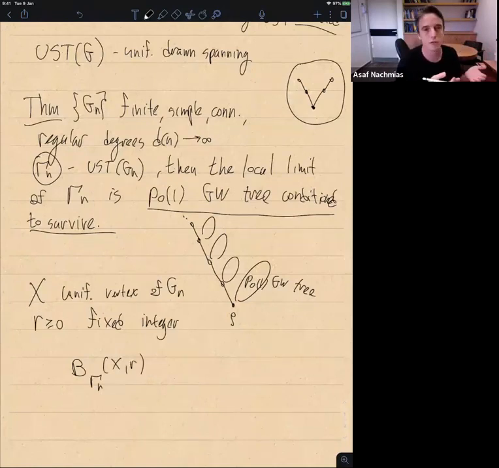So I think about this as a random variable taking values in the space of rooted finite graphs. This converges in distribution in this space to the ball in this Galton-Watson tree, so Poisson 1 Galton-Watson, around the root of radius r.